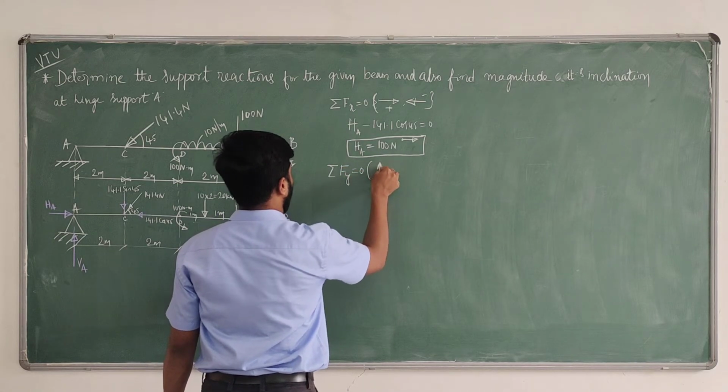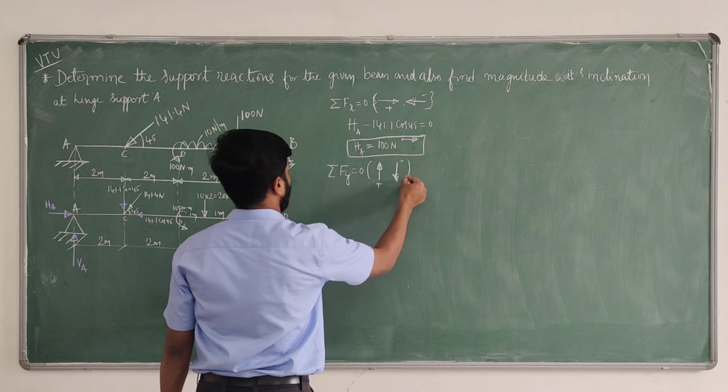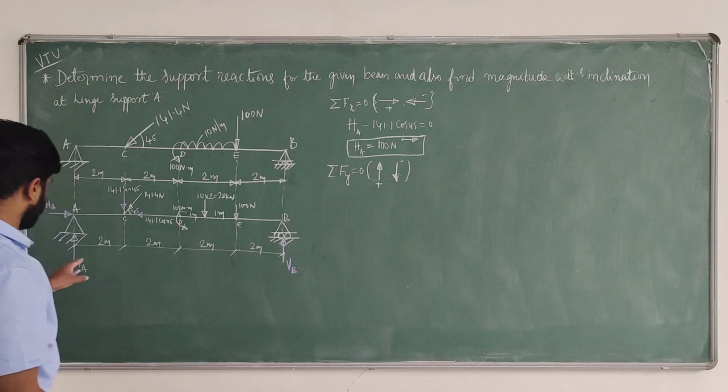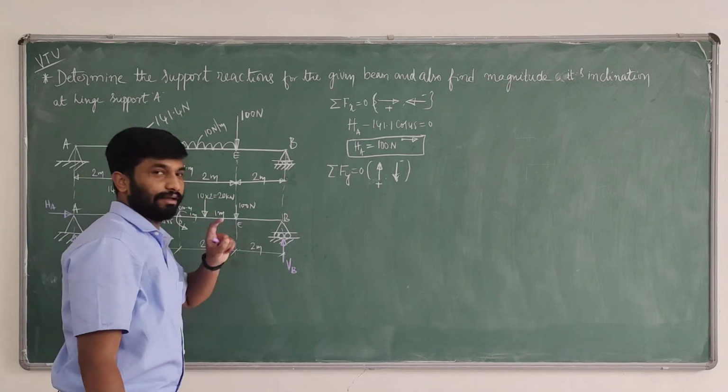Next, take sigma Fy equals 0. For this, all upward forces are positive, all downward forces are negative. How many vertical forces? VA, 1, 2, 3, 4, 5.